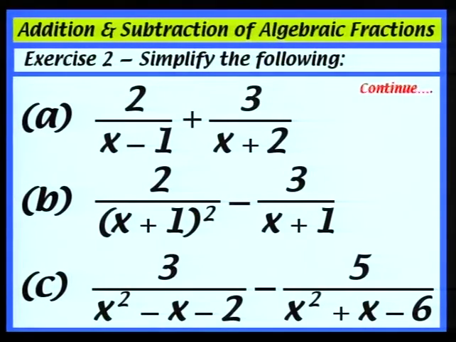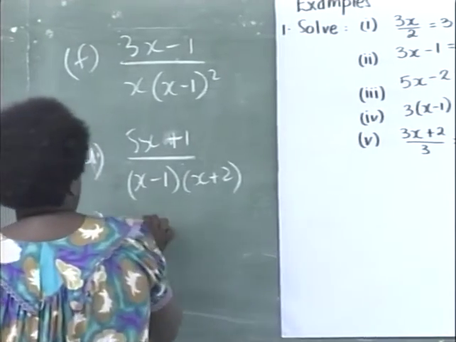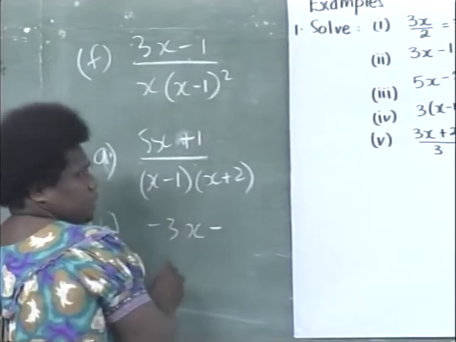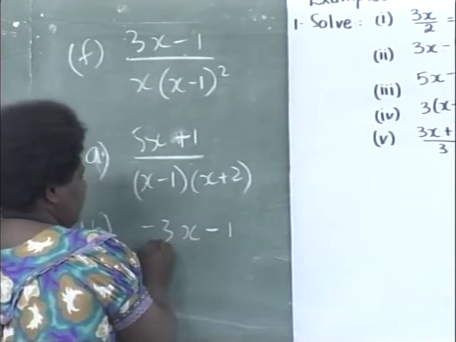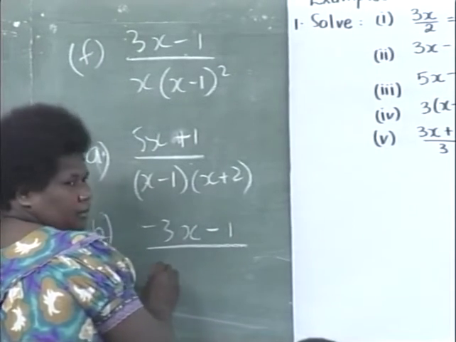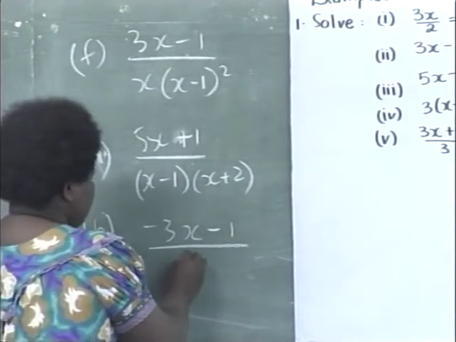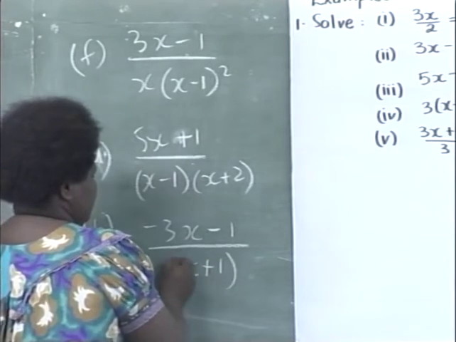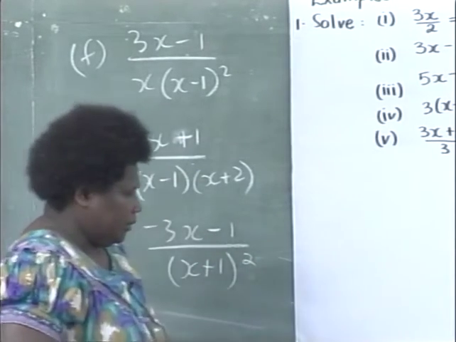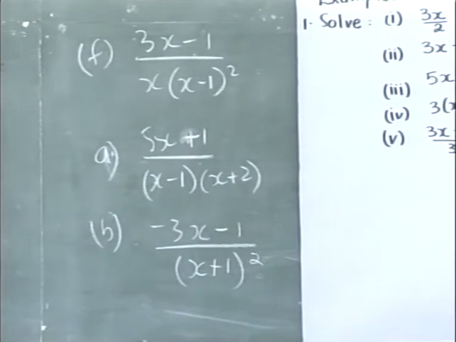Minus 3x minus 1 over x plus 1 squared. You agree? Okay. If you don't agree, make sure you say so we can check the answer.